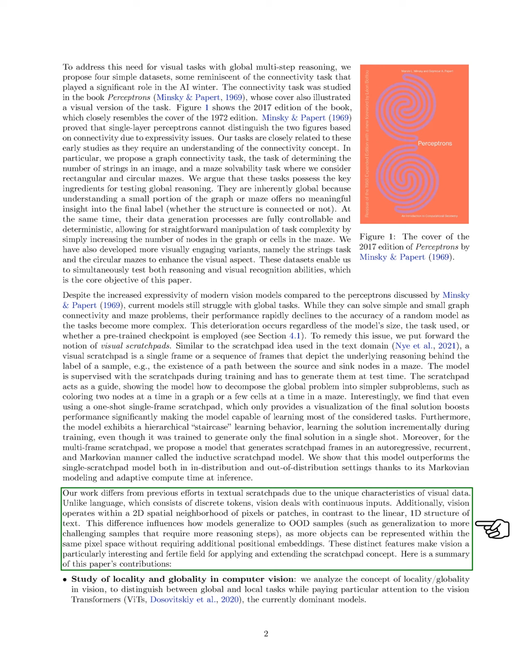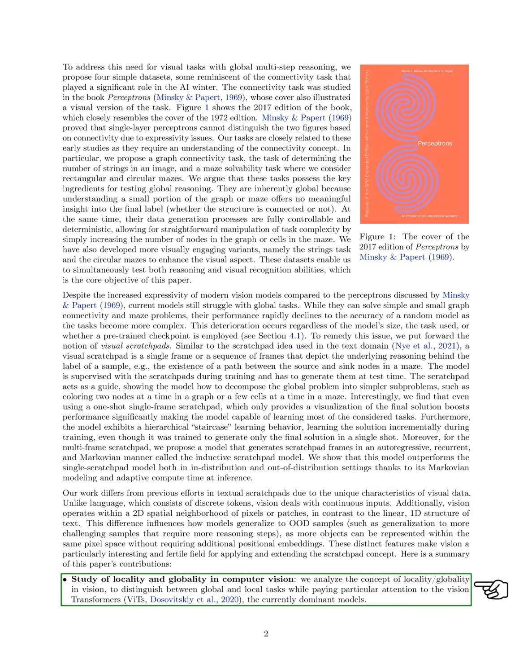Unlike language, which consists of discrete tokens, vision deals with continuous inputs in a 2D space. This difference affects how models generalize to more challenging samples, as more objects can fit within the same pixel space without needing extra positional information. These features make vision a promising area for applying and expanding the scratchpad concept.